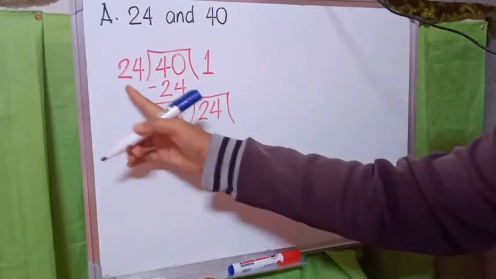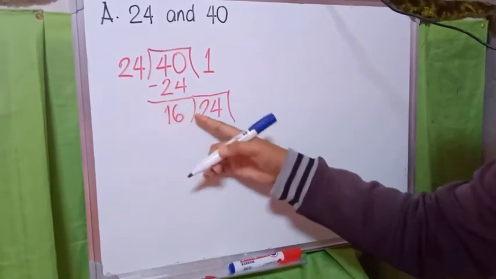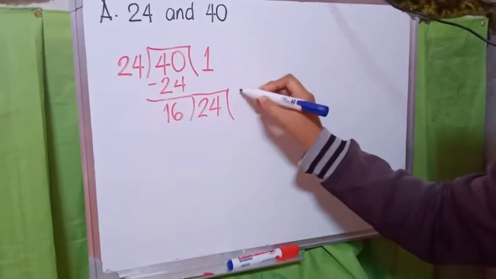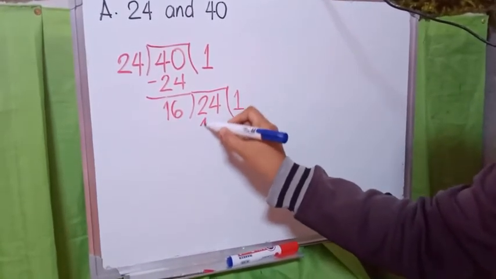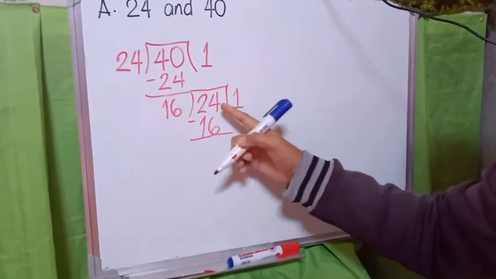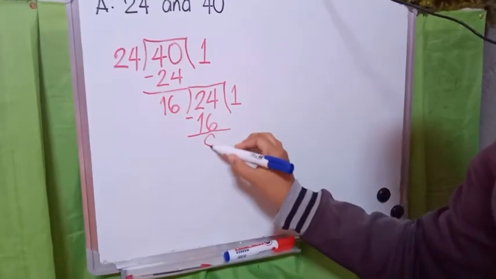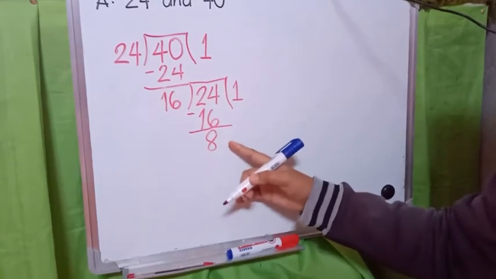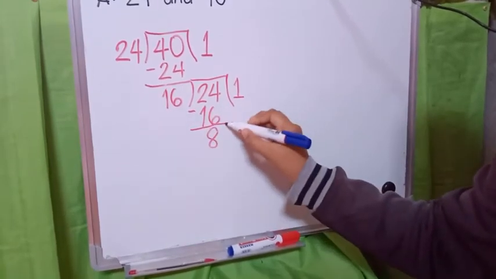Again, your 24 is your new dividend and your remainder is your new divisor. 24 divided by 16, that is 1. So 1 times 16 is 16. We need to subtract again. 24 minus 16 is 8.